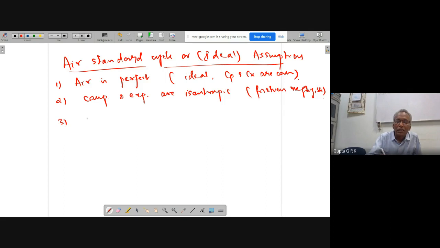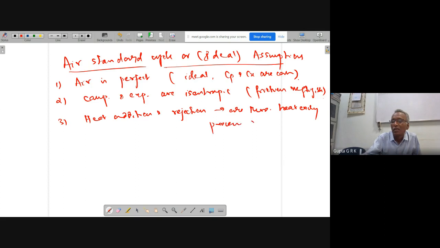And then heat addition and rejection are through heat exchange process only. Means no combustion within the working fluid.